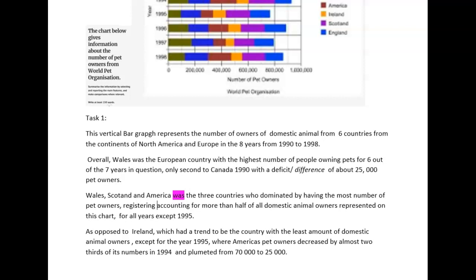Now, I can't see because it's very blurred, but I would go X, Y, and Z, respectively. And this accounted for, past tense, more than half of the total ownership.